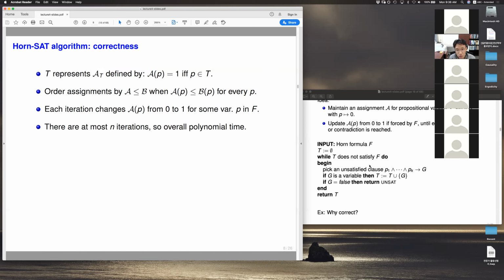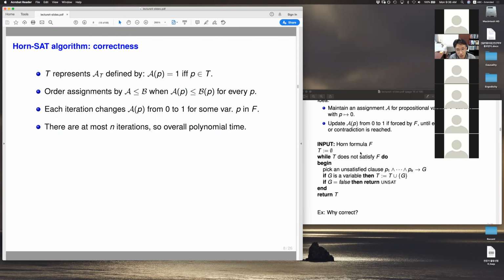But in the propositional logic formula, we have only n variables. So this entire loop iteration is going to happen only n times. And the body of the loop, yes, it may take linear time, but that's again polynomial. So this algorithm terminates, and furthermore, the time complexity of this algorithm is going to be polynomial.